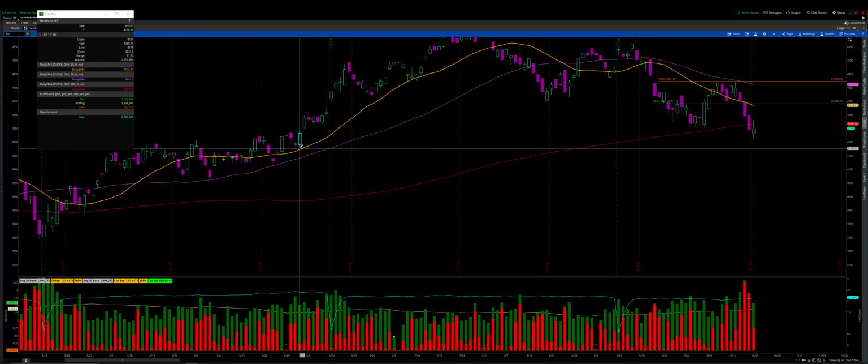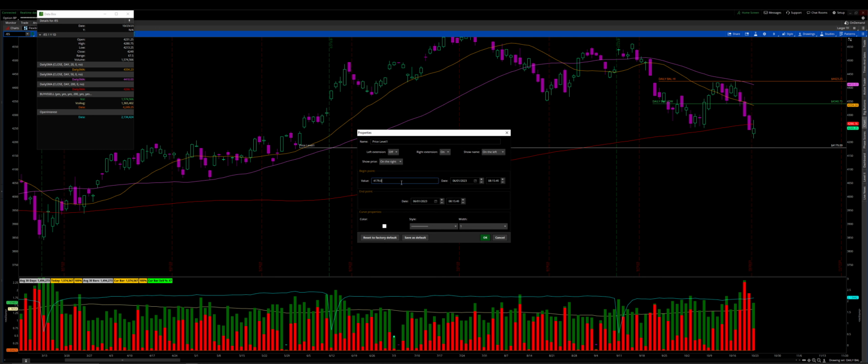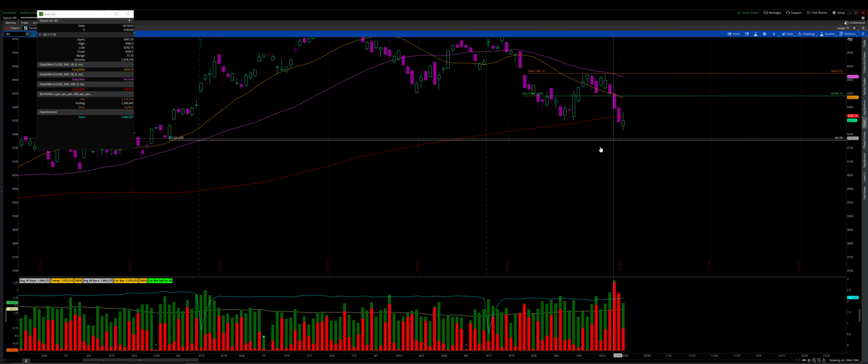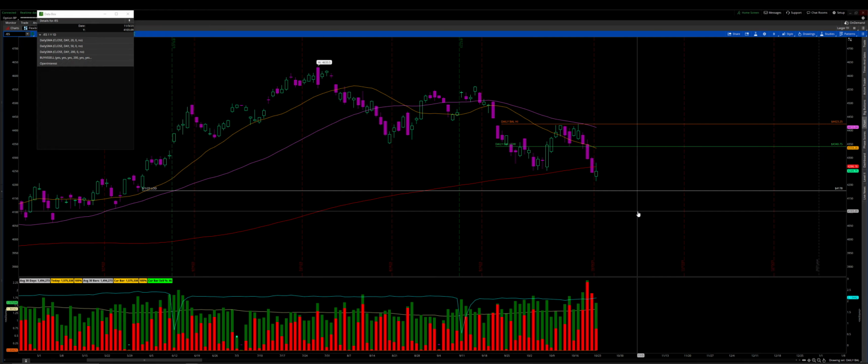I'm going to mark that on our daily chart here, 41.78, so I don't forget about it. 41.78 is your next daily target on the downside, the 6/1/23 daily low.